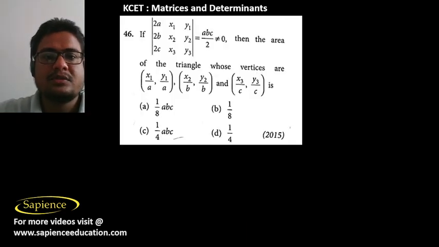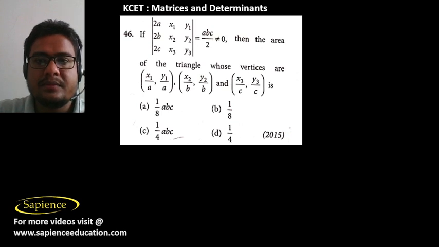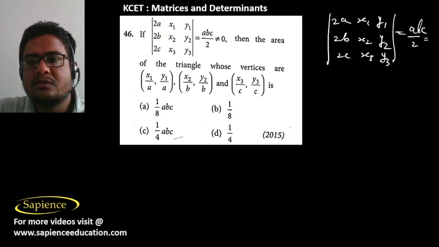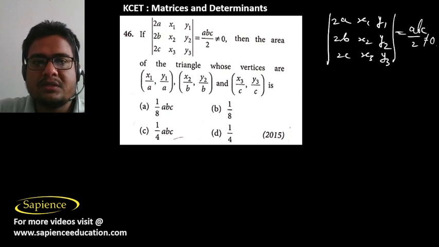And in question number 46, it is told that the determinant of [2a x1 y1; 2b x2 y2; 2c x3 y3] is equal to ABC by 2, that is not equal to 0. The area of the triangle whose vertices are these.